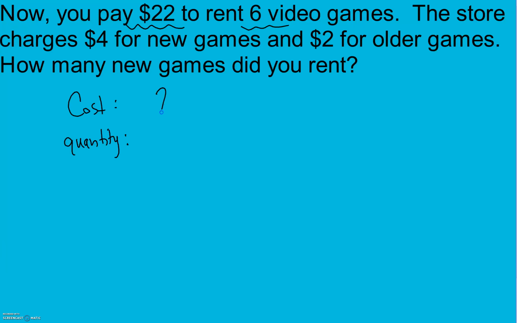Our cost is $22, and that's for some new games and some older games. I'm going to use D for older because O's are hard. So the new games in our cost, $4 each, so price times quantity. And the older games are $2 each, so price times quantity. And that gives us our cost equation.